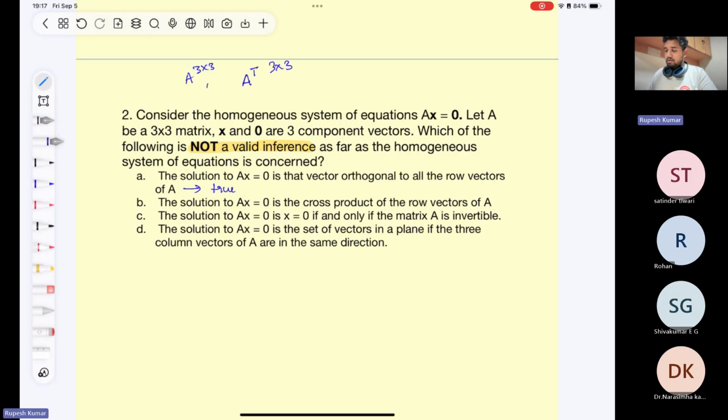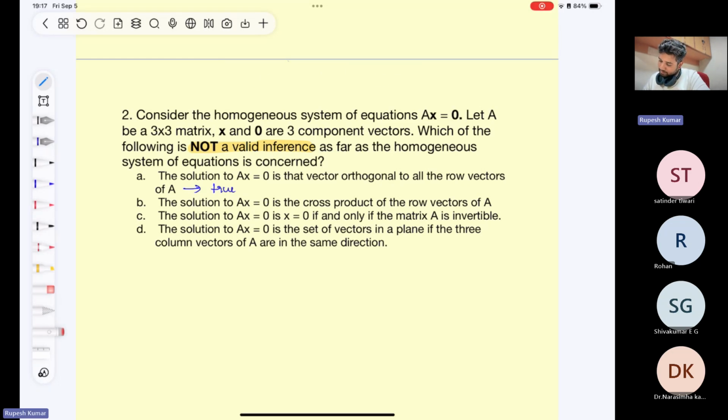It's a 3 by 3 matrix whose columns are linearly independent, right? Now you want to find the solution of AX equals 0. Let's transpose the entire equation. You get X transpose A transpose equals 0. Just think of this, you will get to the answer. So option A is a valid option, right?